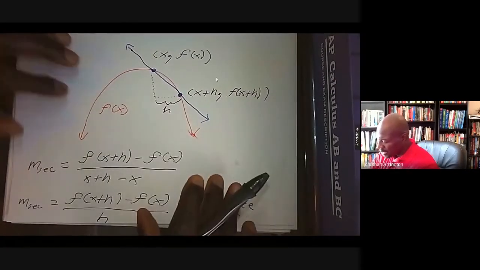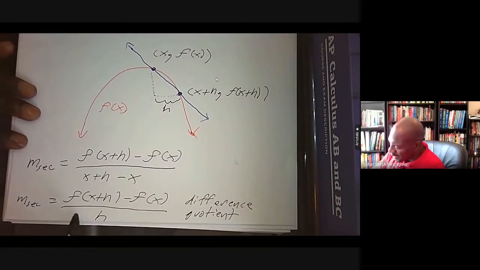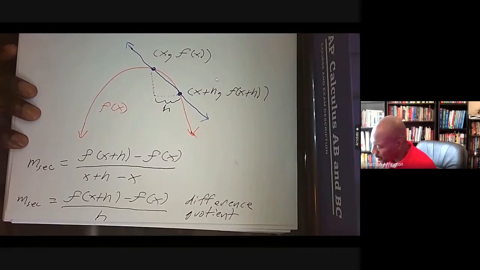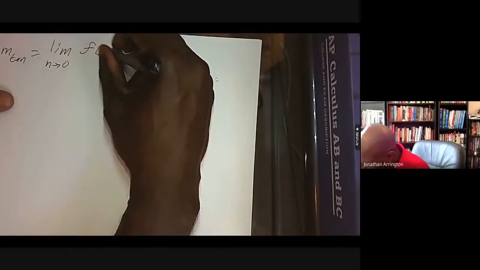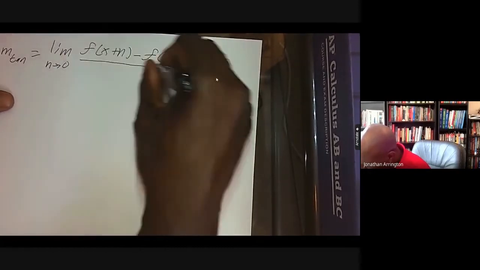So therefore, to find the slope of the tangent line, we can simply take the limit of this difference quotient as h goes to 0. So the slope of the tangent line, I simply can take the limit as h goes to 0 of the difference quotient. So that's f of x plus h minus f of x over h.